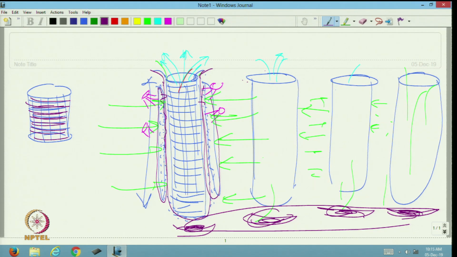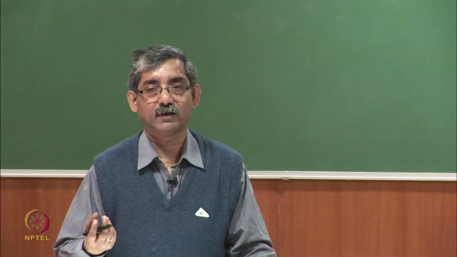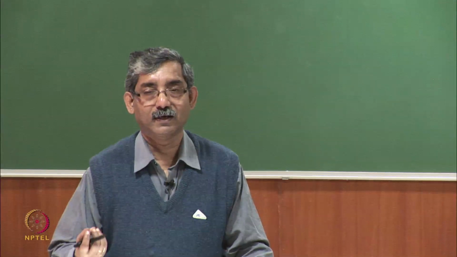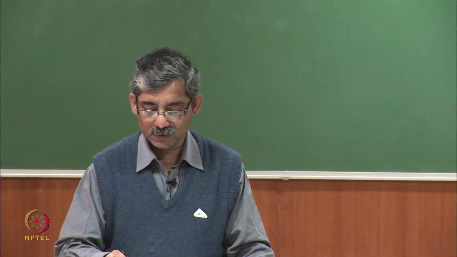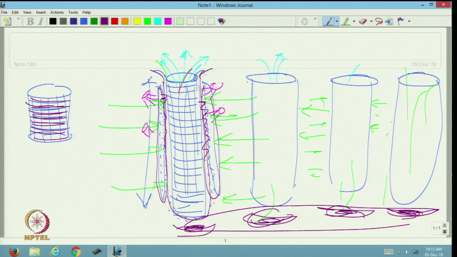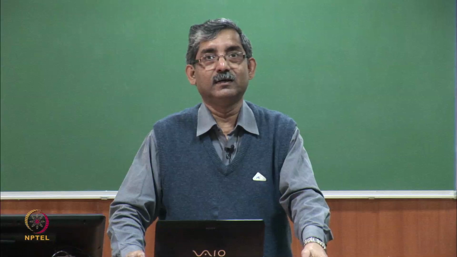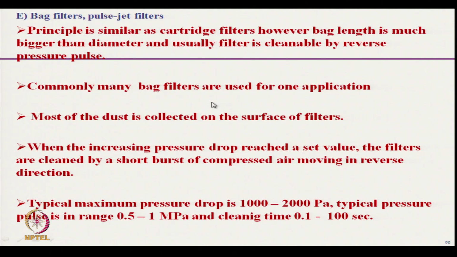And after a certain time, maybe a few months, depending on the dust load or particle distribution, once the filters are clogged with the particles, we may replace them, or in case it is damaged we can replace this.